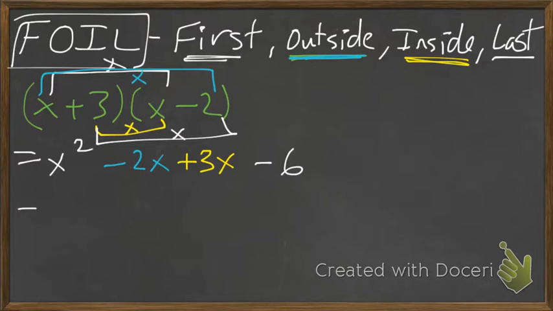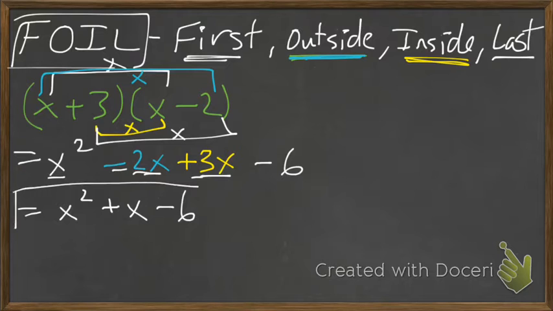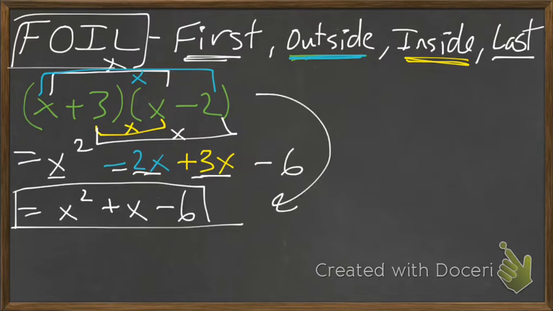Now if I look at this function, I have 2 like terms here, so I can collect those. Negative 2x plus 3x, they're both x's. When I add that together, I should end up with positive 1x, so just plus x. And I also have x squared, and then negative 6. So this is my answer in standard form from factored form, because I foiled. From here to here, foil.